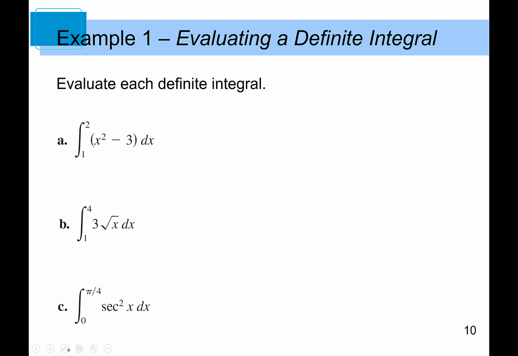Okay, let's take a look at the first one. Evaluate the definite integral of the function x squared minus 3 dx from 1 to 2. So first of all, find the antiderivatives using the power rule.